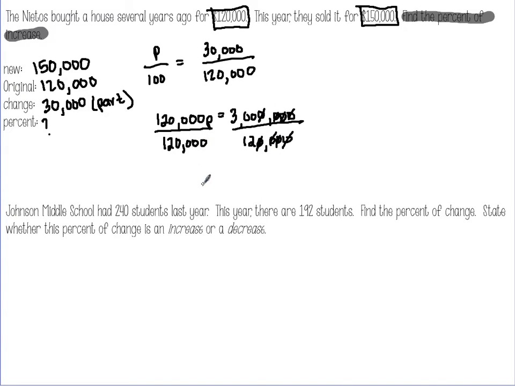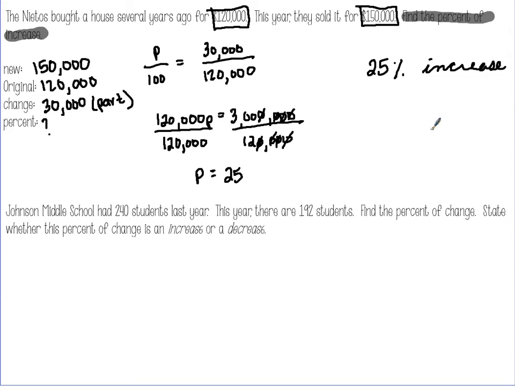Okay. Over here I'm left with P. And I know that 300 divided by 12 gives me 25. So my percent is 25%. So it's a 25% increase on the price. So they purchased it for $120,000.